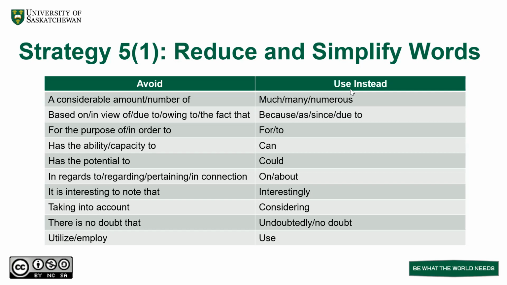So phrases like "a considerable amount or number of" can be more simply stated as many, much, numerous, etc. "Has the potential to" can translate to "could"; "taking into account" can be translated to "considering"; "utilize" or "employ" can simply be "use."